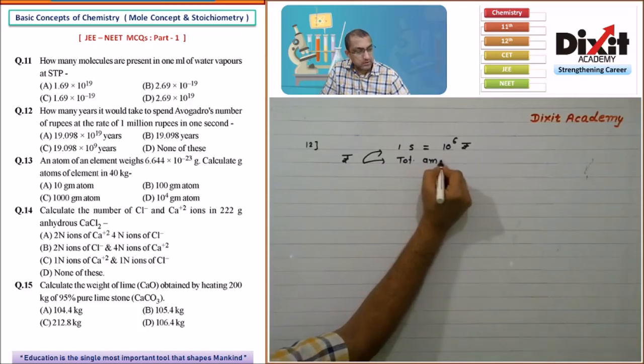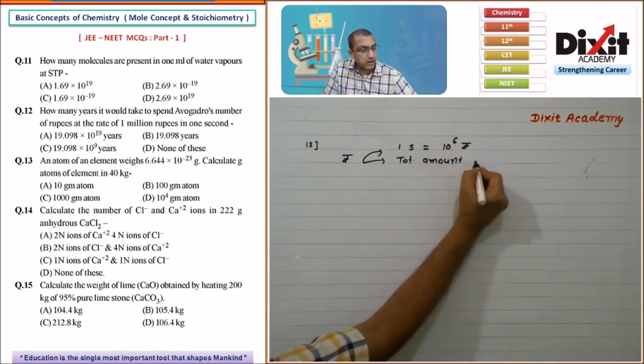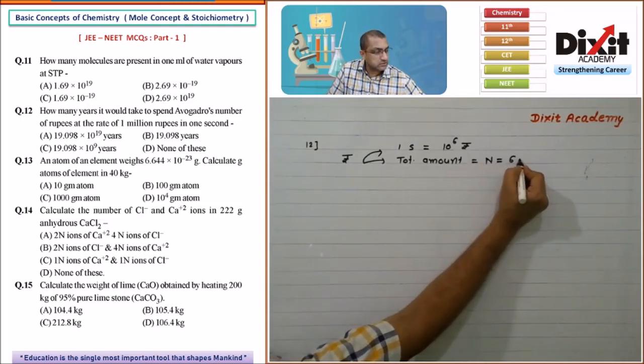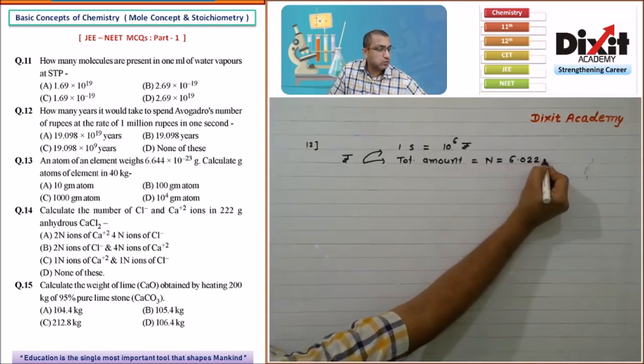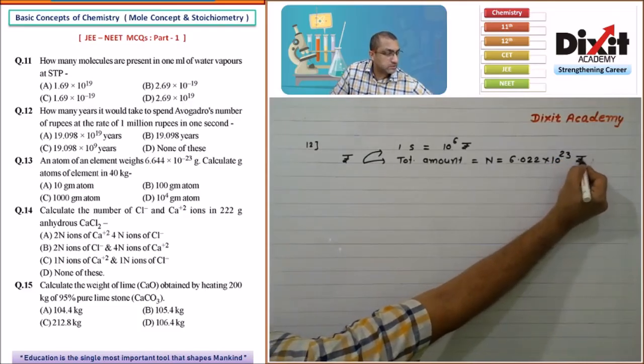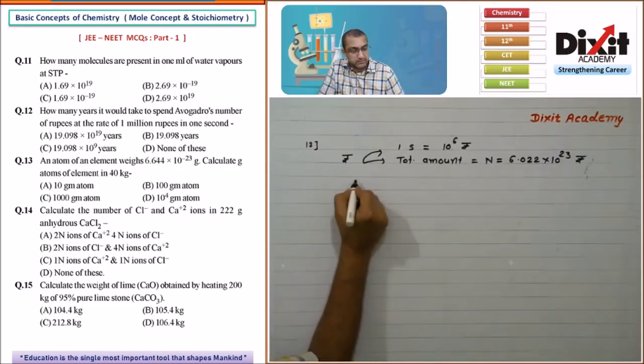Total amount we have is equal to Avogadro number, that is equal to 6.022 into 10 raised to 23 rupees. This much has to be spent.